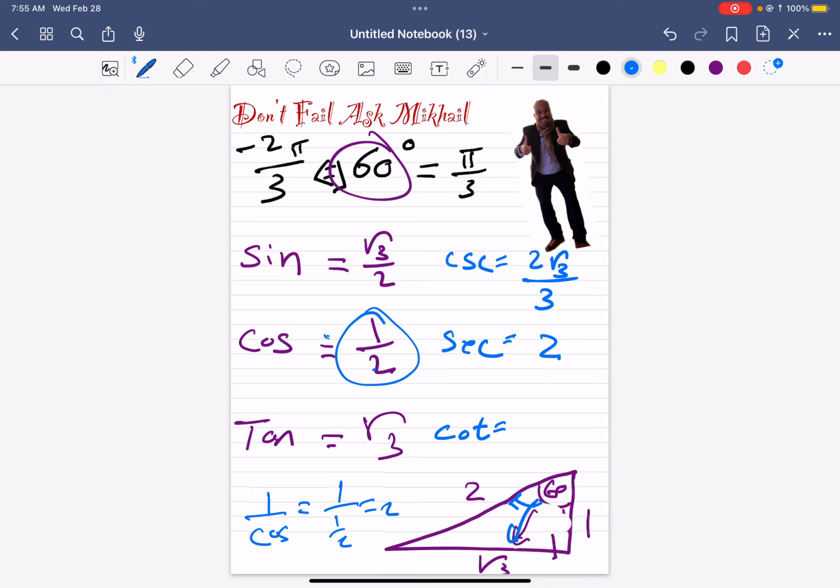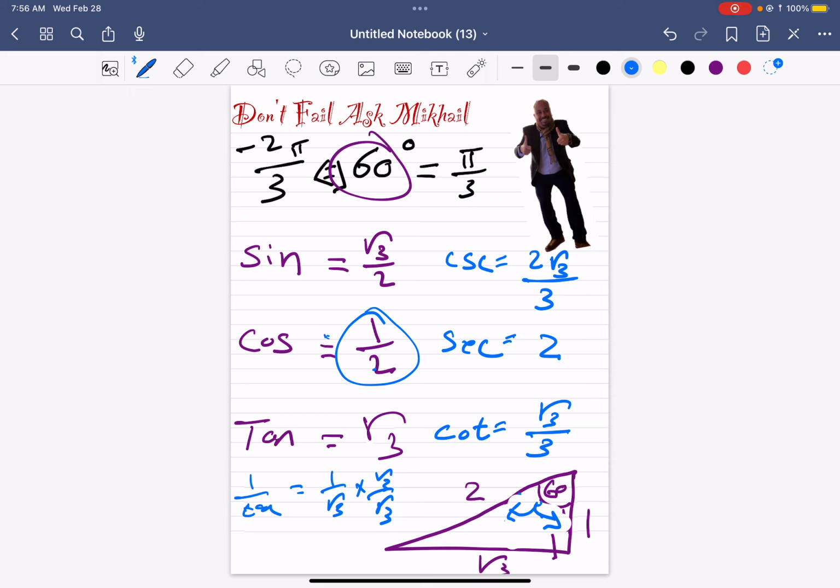Or, adjacent over hypotenuse gives you cosine, so the secant is hypotenuse over adjacent, which is 2 over 1. Now, the cotangent is 1 over tangent, which is 1 over radical 3. Multiply top and bottom by radical 3 over radical 3. So the answer is radical 3 divided by 3.